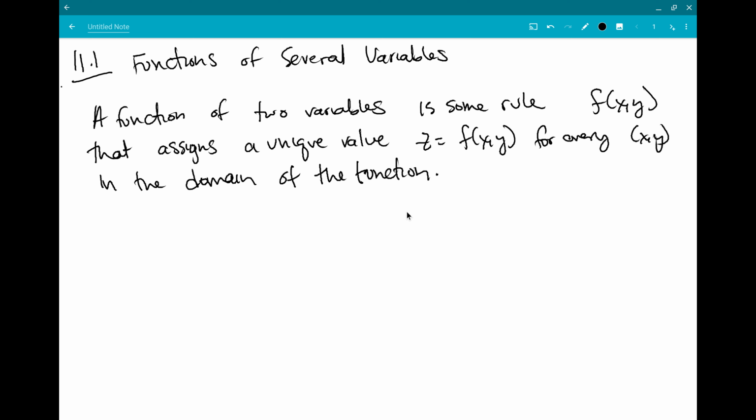And so we've talked about this idea before of how you're used to doing the vertical line test for functions of just one variable in the xy plane. And if you extend that to 3D, you have the idea that every xy coordinate you have should assign you to a different value, z.